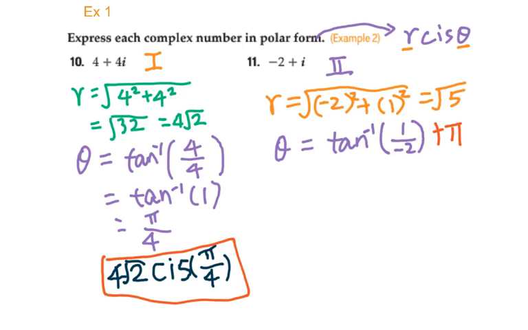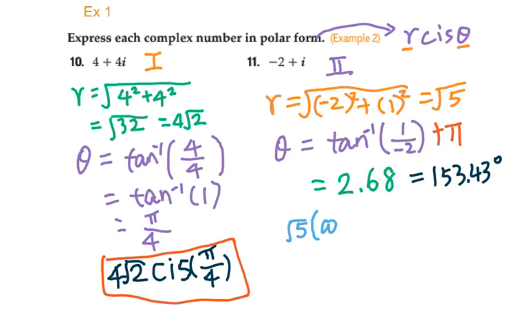If we put it into a calculator, you will get 2.68. If we want to use degrees, it will be 153.43 degrees. Therefore, its polar form will be square root of 5 cosine 2.68 plus i sine 2.68.